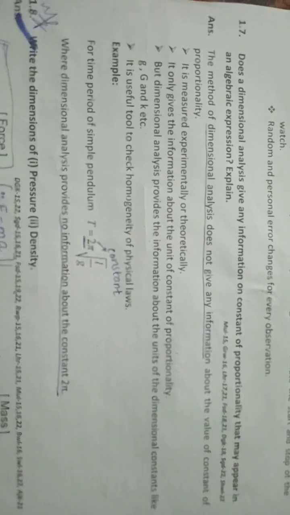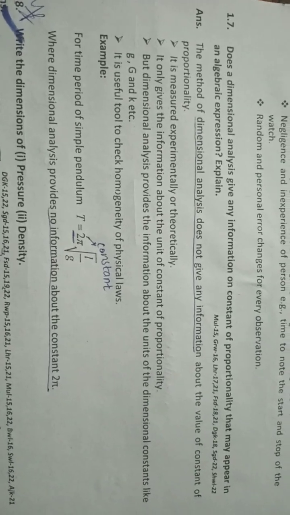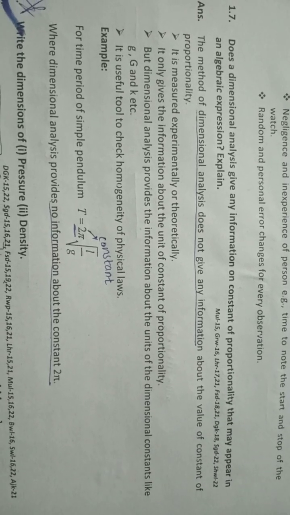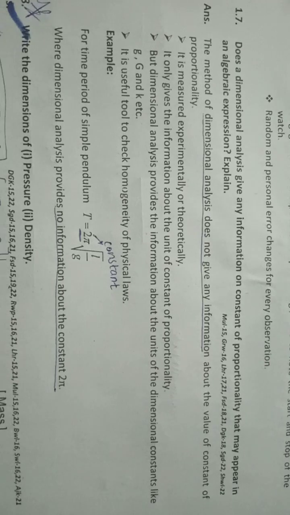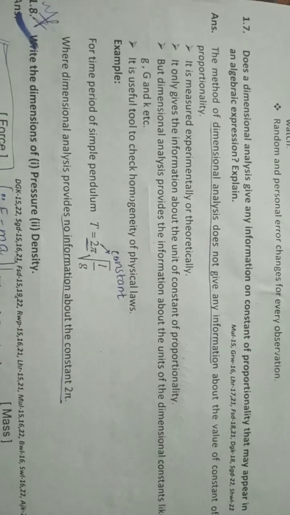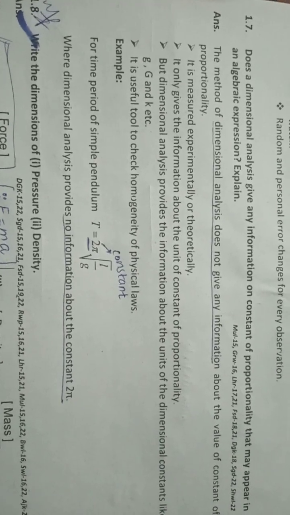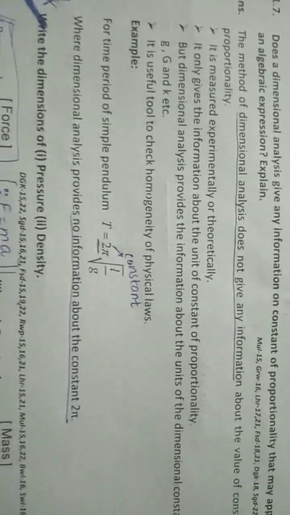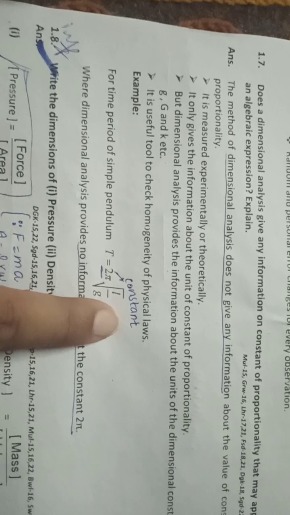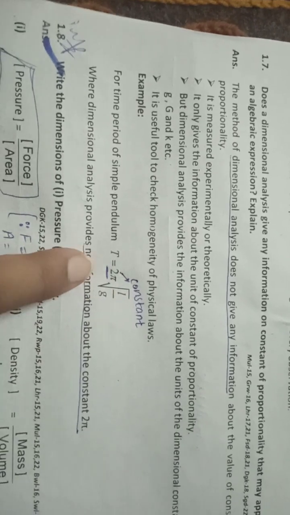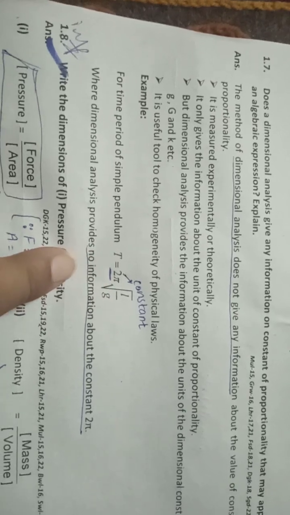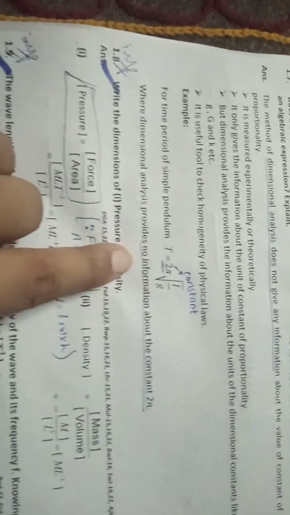Okay, dimensional analysis does not give any information about the constant. We will discuss it with an example. Look here, T equals 2 pi under root L divided by g is the formula for the time period of a simple pendulum. T depends upon the value of L and the value of g, and it does not give any information about this constant 2 pi. So it does not give any information.